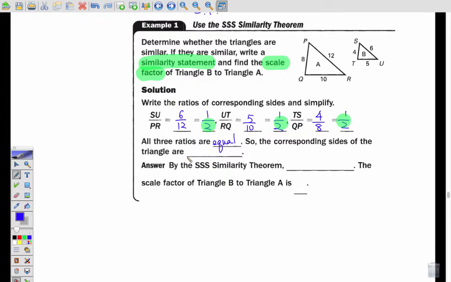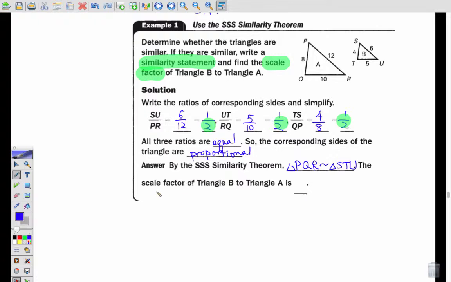So the corresponding sides of the triangles are proportional by definition or by SSS Similarity Theorem. The triangle PQR, this is my similarity statement, is similar to triangle STU.